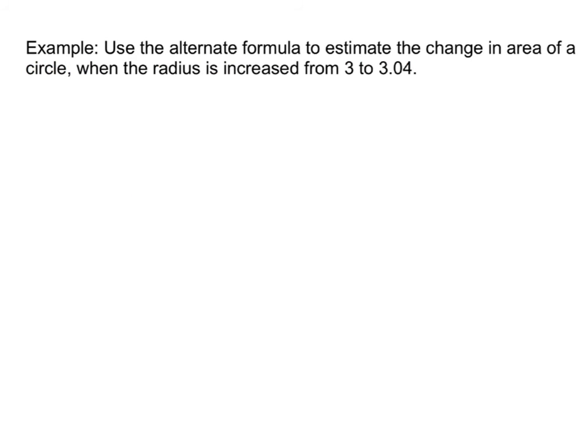Okay, so let's use this alternate formula to estimate the change in area when the radius of a circle is increased from 3 to 3.04. We have the area of a circle, which everyone remembers, A equals pi r squared. If you take the derivative of that, that's 2 pi r.